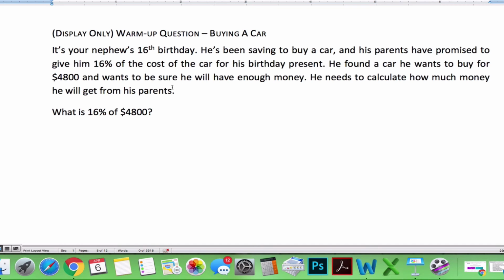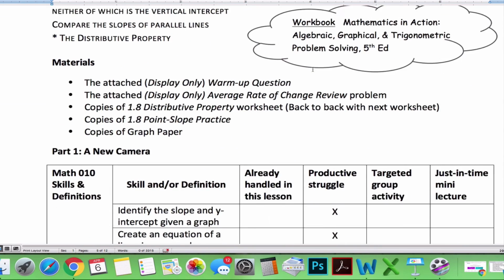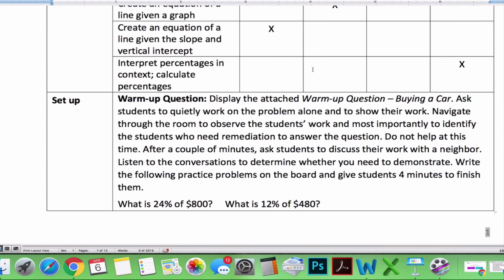Some of the teachers identified they weren't ready for this, so we had 2 additional problems ready for them. If you go up to part 1 of this lesson, when walking around we decided they're not quite translating this question into being able to calculate the percentage.